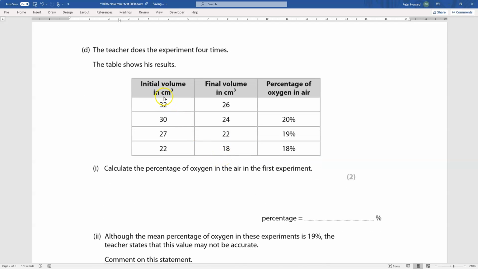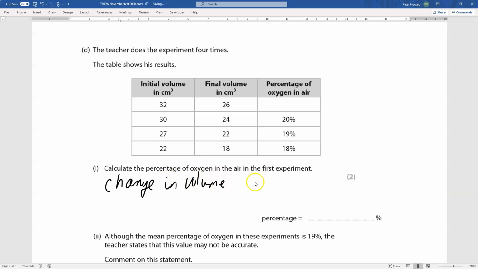Calculations. Calculate the percent of oxygen in the air after the first experiment. Now you've got some examples here. So you could always try to work out how 18% was obtained. You could also learn an equation which might help you. So the equation is change in volume.